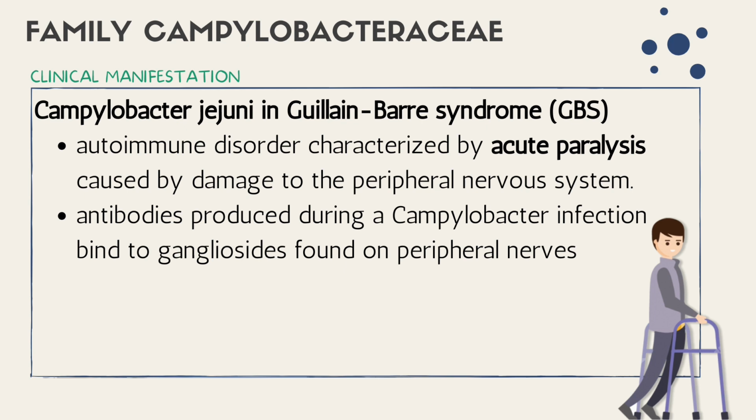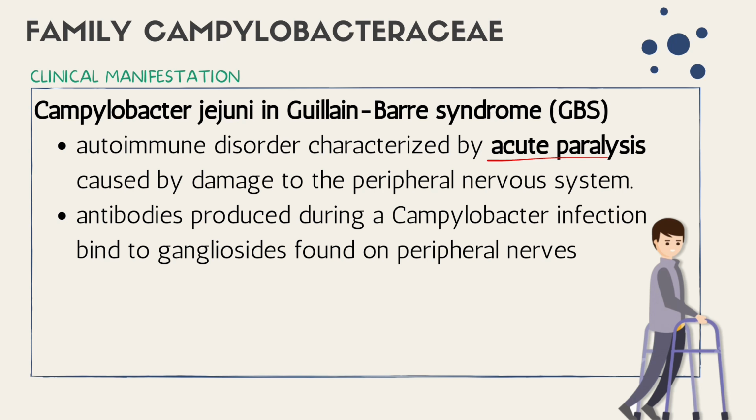Strong evidence suggests that Campylobacter infection plays a role in this autoimmune disorder, which is characterized by acute paralysis due to damage to the peripheral nervous system. Many patients with GBS test positive for antibodies to Campylobacter, with an estimated 1 in 1,000 individuals diagnosed following a Campylobacter infection.